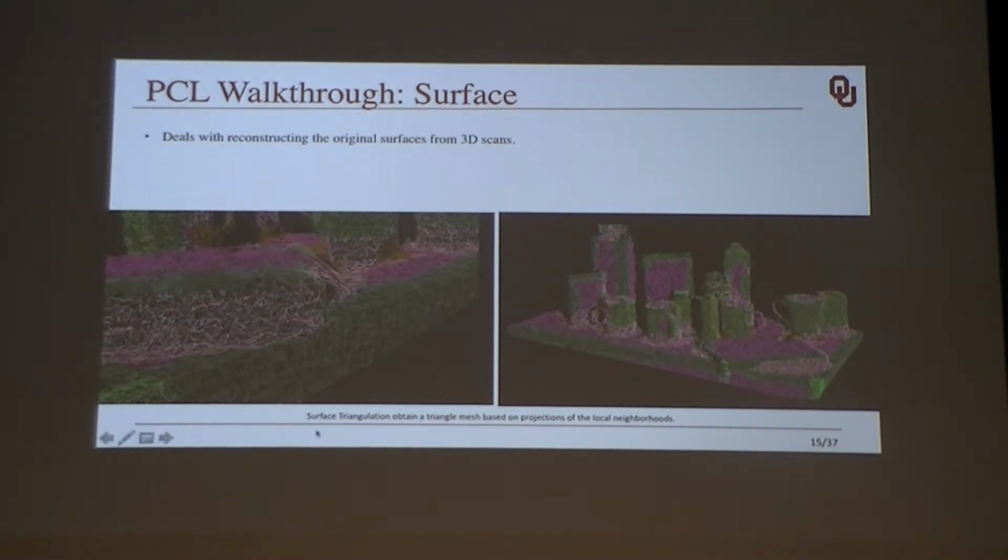For example, here on the right we have an image of a point cloud, and this is a zoomed image. We notice that the connection between the points is like triangles, because here we used a surface triangulation algorithm to do reconstruction for missing parts. So surface contains many algorithms for reconstruction.